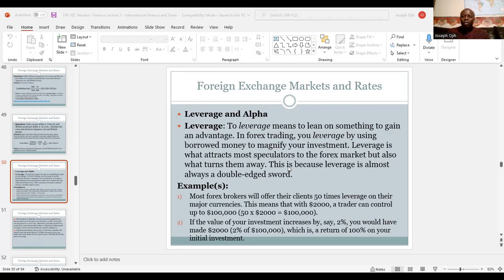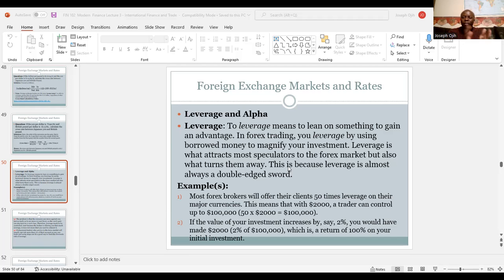So leverage is what attracts most speculators. When you look at forex trading, foreign exchange transactions, the profit made from currency differentials is very little. It might be a 1 cent difference between the US dollar and the European euro, and so on.